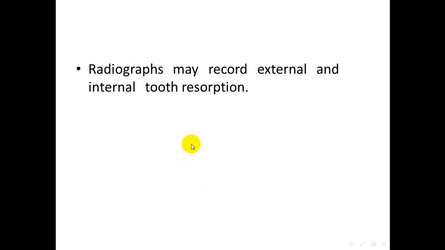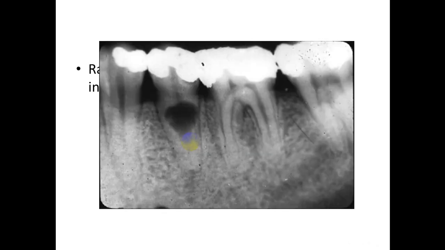There is another abnormal situation recorded in the dental radiograph, which is internal resorption. This is internal resorption. It is an unexplained situation that may affect some teeth. It is called idiopathic internal resorption, without any cause, which is resorption that starts from inside the tooth.